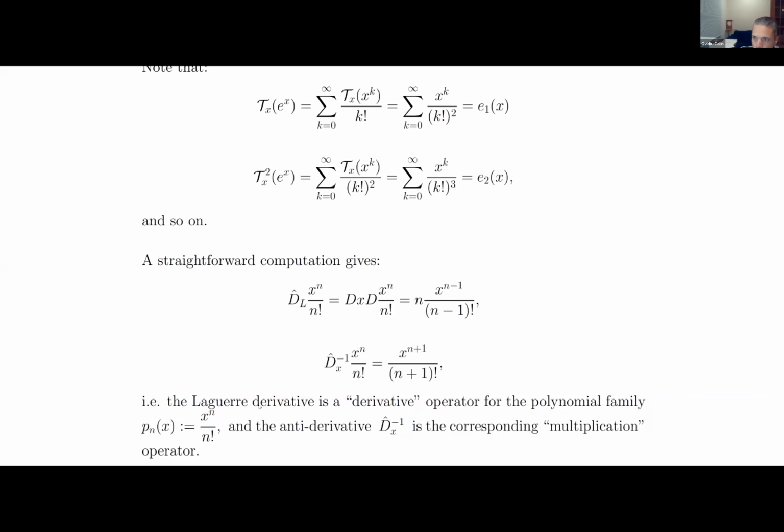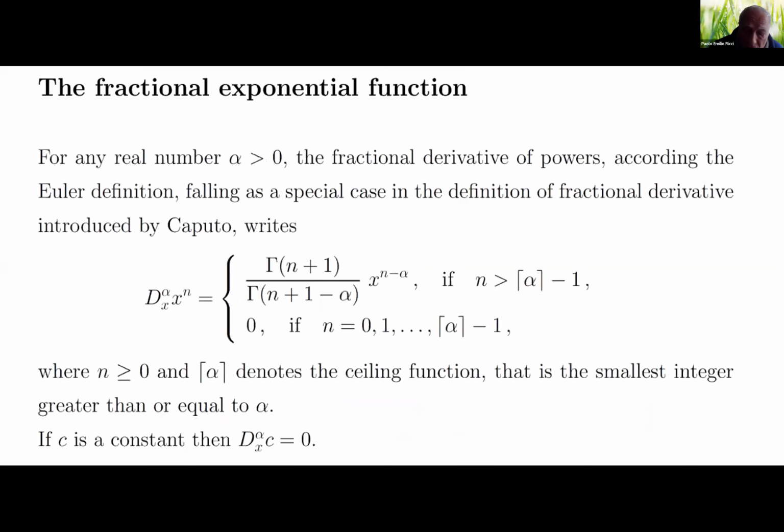This means that the Laguerre derivative is a derivative operator for the polynomial family x to the n over the factorial of n, and the antiderivative is the corresponding multiplication operator. This is the idea of Dattoli to use this correspondence to construct a different form of powers.